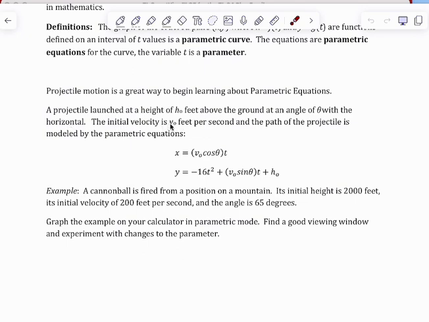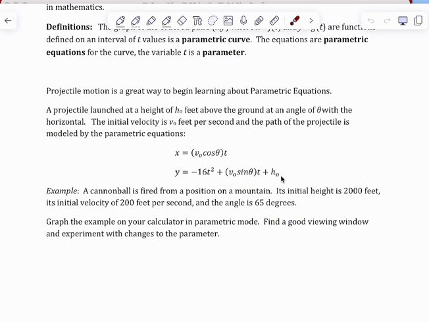The initial velocity is v sub o, an original velocity. So those are the starting height and starting velocity. We're doing feet per second. I know that those of you who do physics might usually use meters per second, but it's not that much different. And the path of the projectile is modeled by the parametric equations.